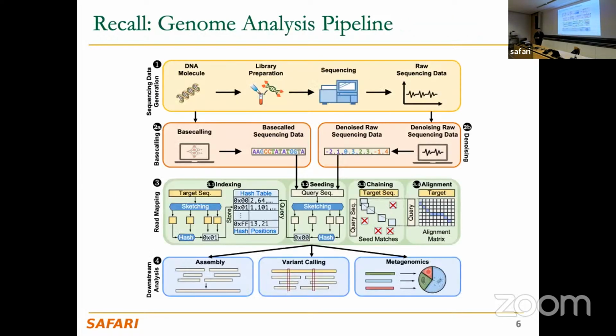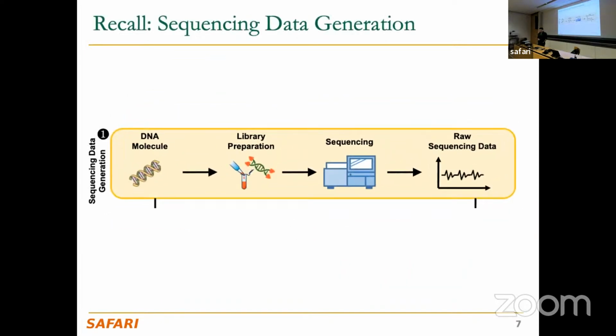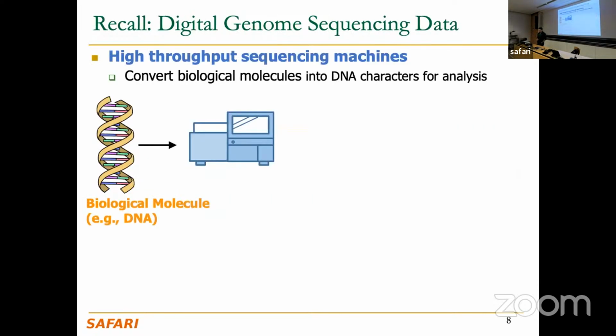We showed this pipeline where we have many steps in genome analysis, starting from the data generation up until the further steps in genomics to reveal the answer that we're looking for from the genomic data. We briefly touched on how we generate the sequencing data, what sort of technologies we have, and we quickly discussed how nanopore sequencing works.